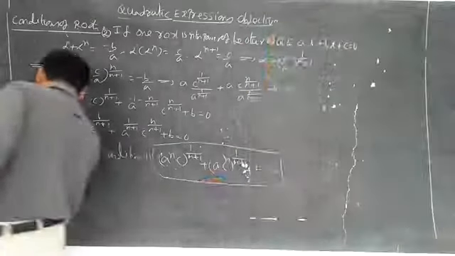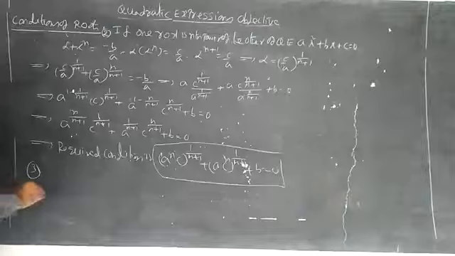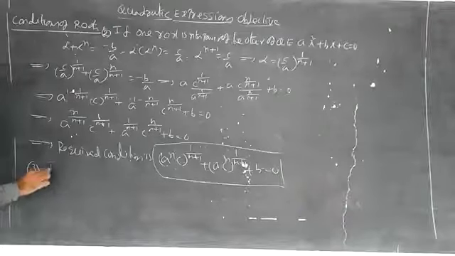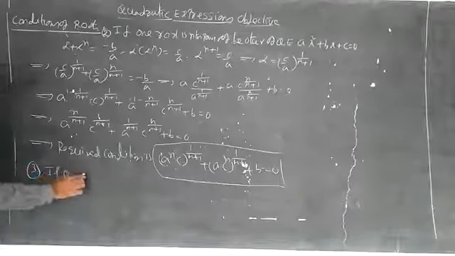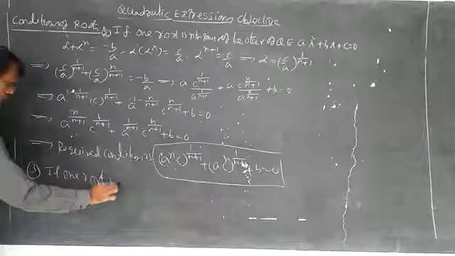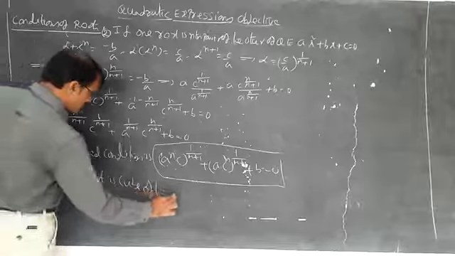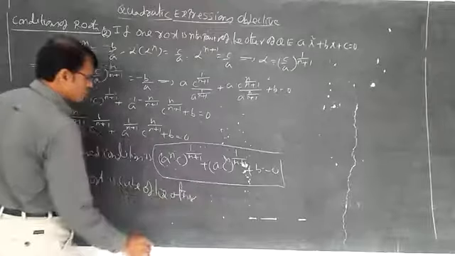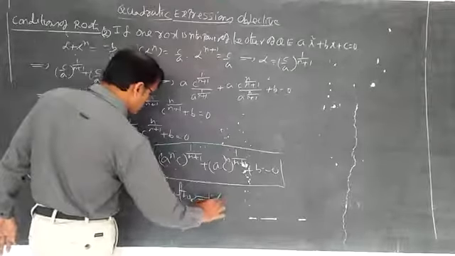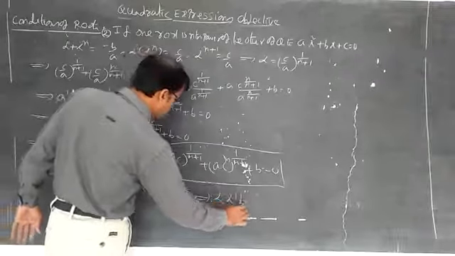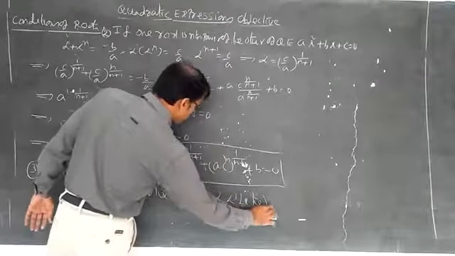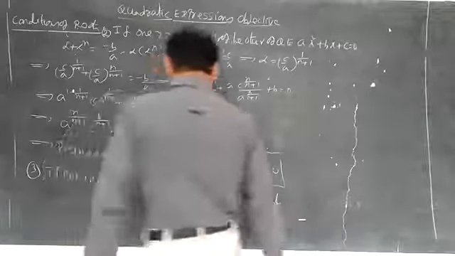Let us discuss about if one root is a cube of the other. If one root is a cube of the other, that implies alpha comma alpha cube be the roots.